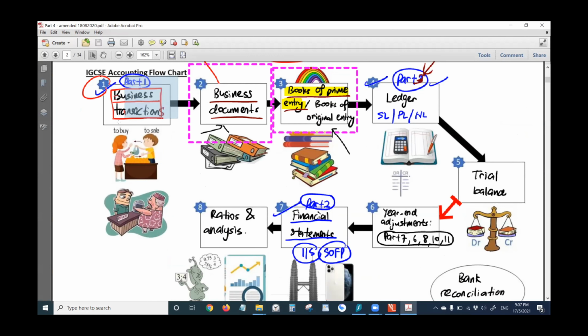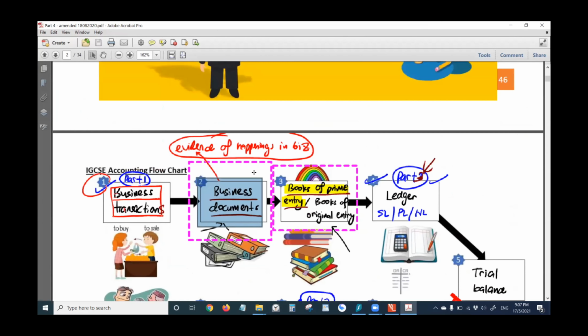You must first have a business transaction, events that happen in business. And then, as a consequence, you must have business documents as the evidence of all the things that happen in business.